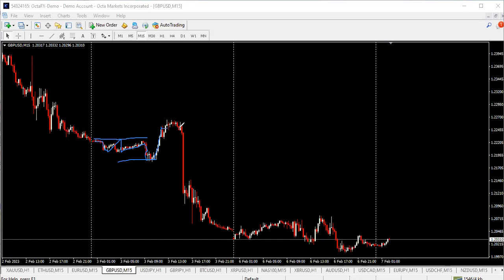Then we have an M formation there. The drop down, you're able to enter here. The market gives you a re-entry opportunity here. Stop loss above here, and the take profit should be around 50 pips. So this is just a textbook pattern that plays out on Euro USD, just as we predicted.